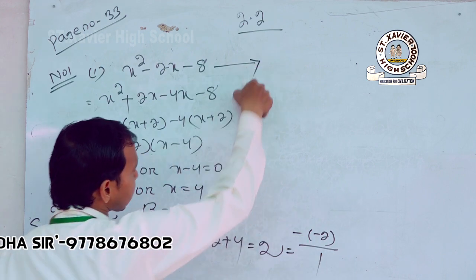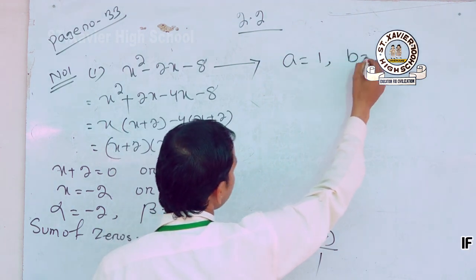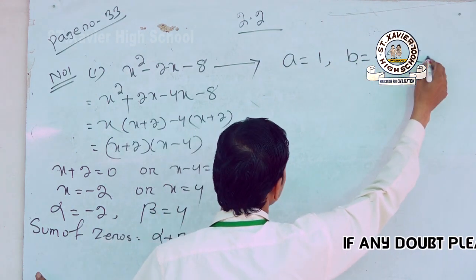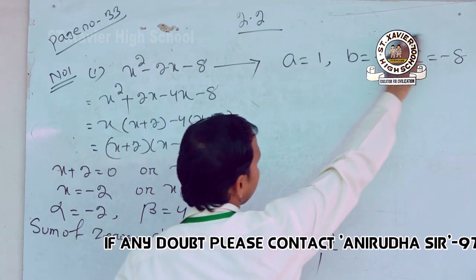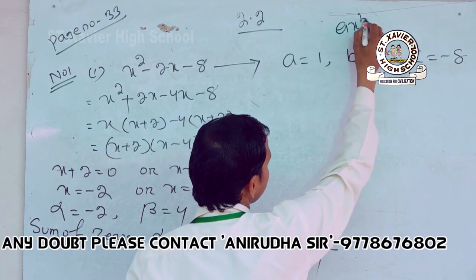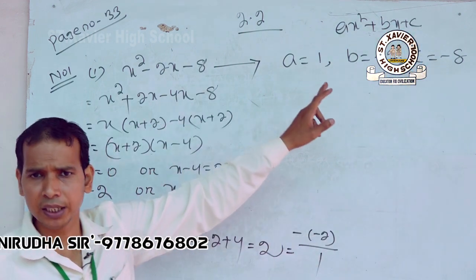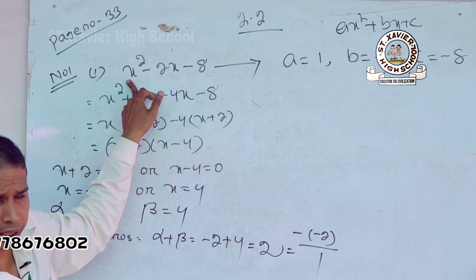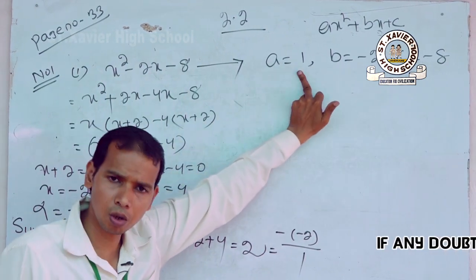Look, in this case here a equal to 1, b equal to minus 2 and c equal to minus 8. Look, in the standard form ax square plus bx plus c, all are in the positive case. So the coefficient of x square here is 1, so that's why a equal to 1.